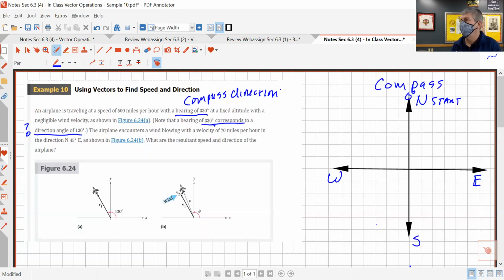This is 0 degrees, and we go clockwise. So on a compass, 330 degrees is this. Okay, that is 330 degrees on a compass.